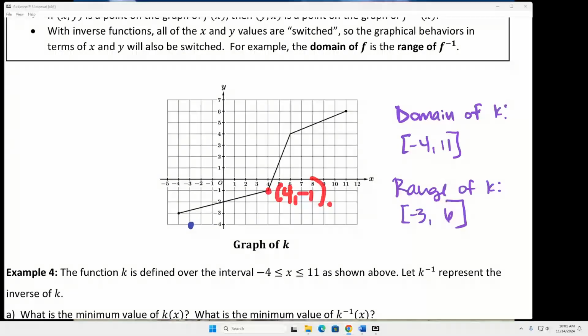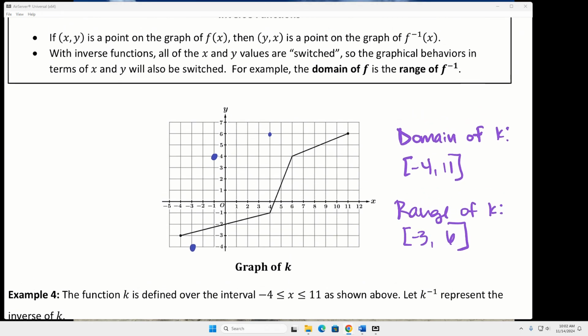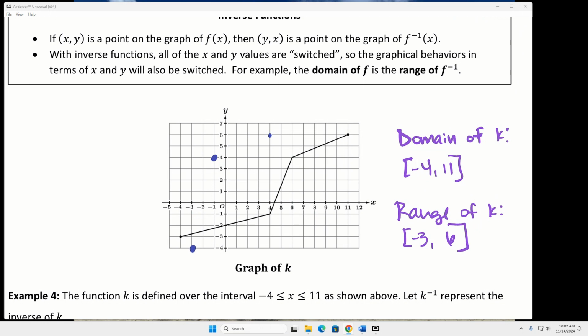So when I graph the inverse, it's going to be -1, 4. Okay, and then 6, 4 for the inverse would be 4, 6. And we have to get a little creative on the last point. 11, 6 is going to be graphed at 6, 11, which we're going to say is way up there.